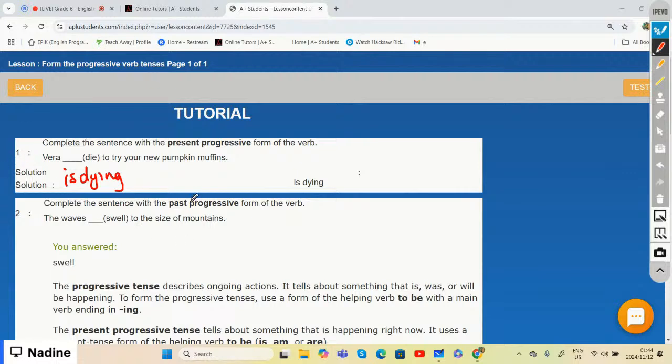We need to complete the sentence with the past progressive tense. Past progressive tense. And it says the waves swell to the size of mountains.